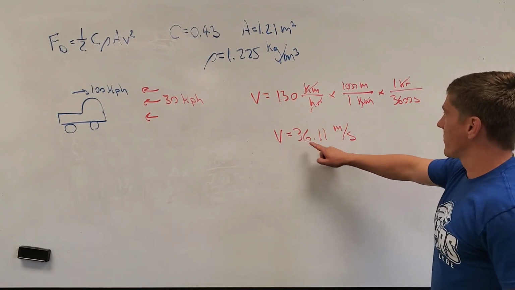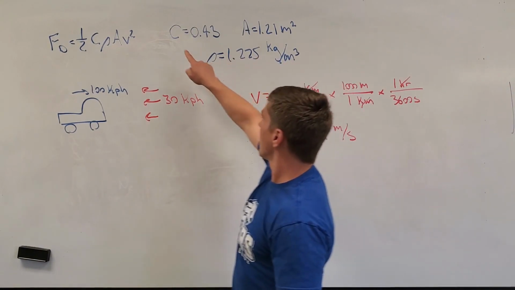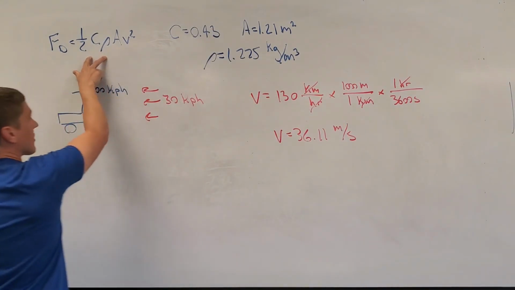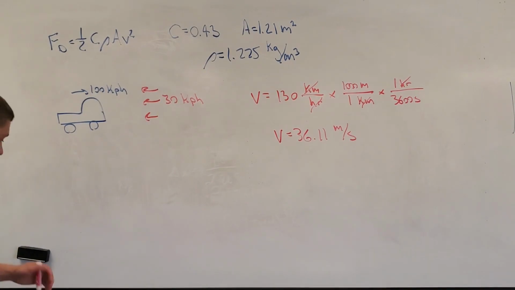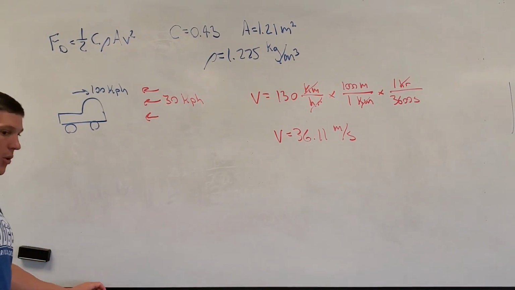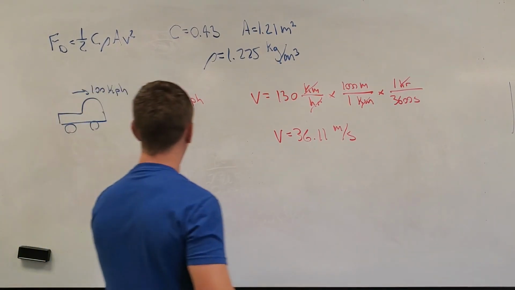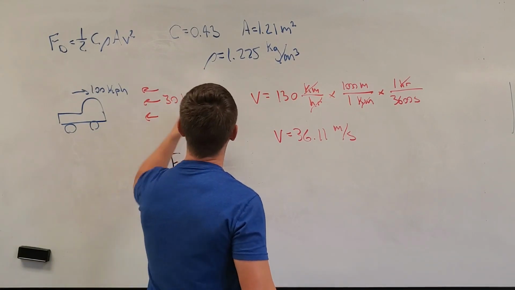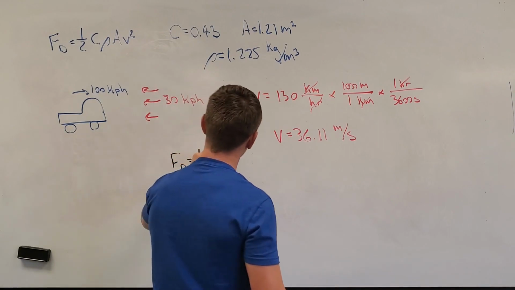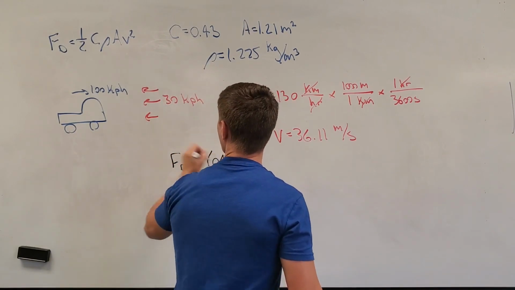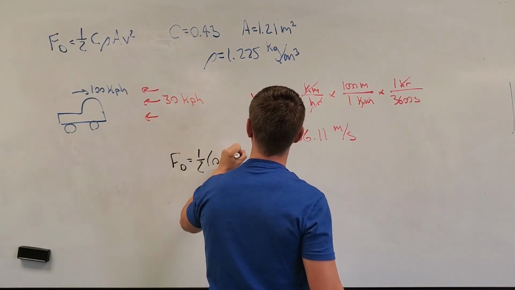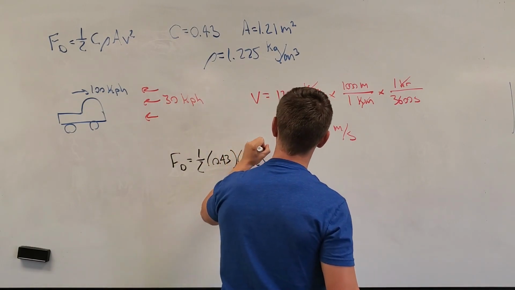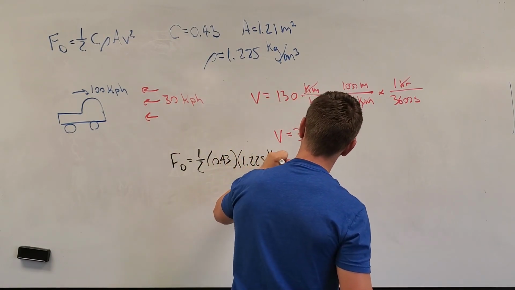So now I have everything I need to plug into my drag force equation. Let's go ahead and do that. My force of drag is going to be equal to 1/2. My drag coefficient was given to be 0.43. The density of the air is 1.225 kilograms per meter cubed.